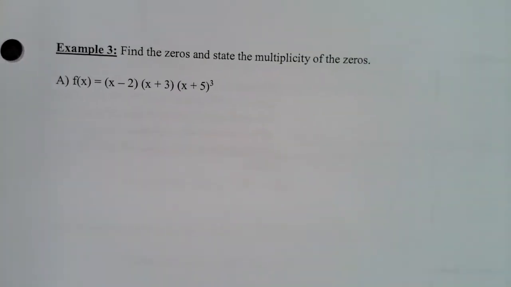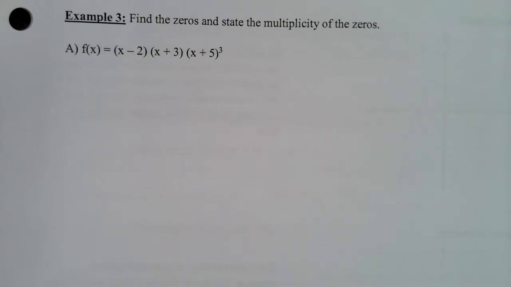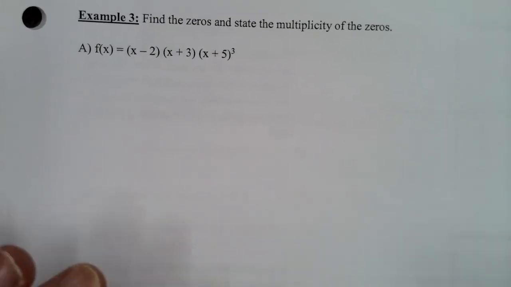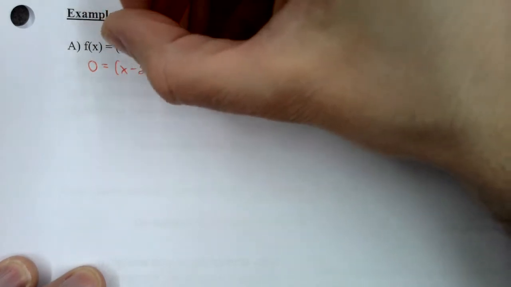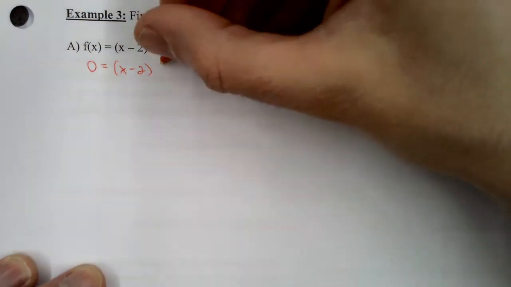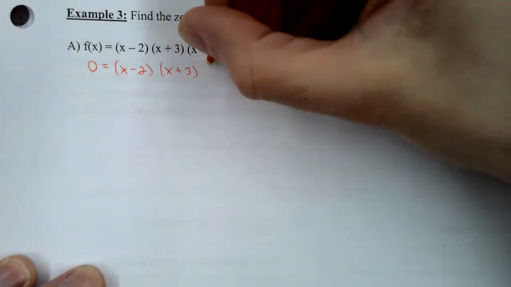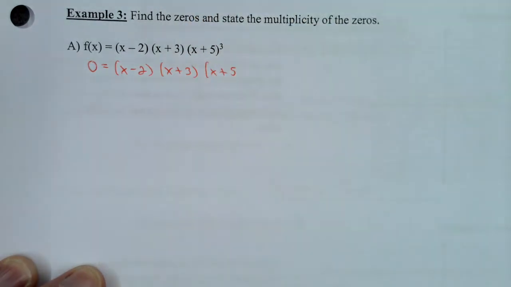Okay, example 3, A, B, and C. Find the zeros and state the multiplicity of the zeros. So this is kind of like the last lesson that we did, lesson 1, solving polynomial equations, except now you have to state the multiplicity of all the zeros. If you want to replace the f of x with 0, that's fine. 0 equals x minus 2 times x plus 3 times x plus 5 cubed.